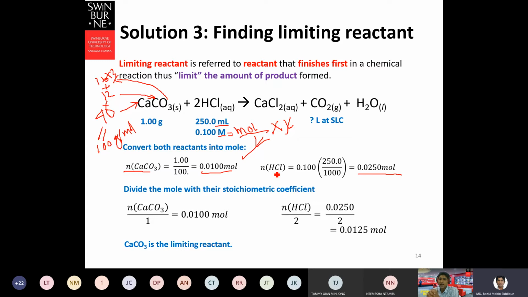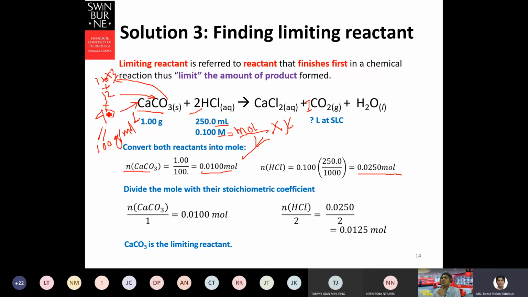Not yet. Afterwards, after we find the number of moles, we have to find the limiting reactant. We see that before calcium carbonate there is 1, and here is 2, and before carbon dioxide there is 1.